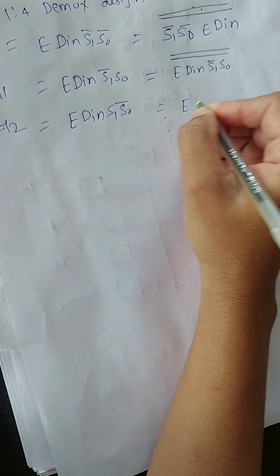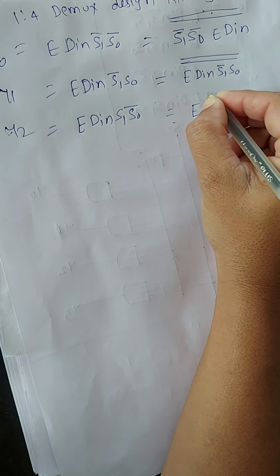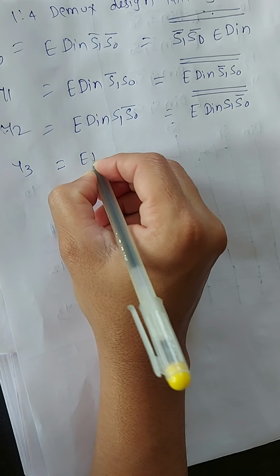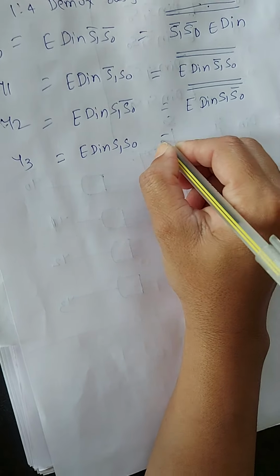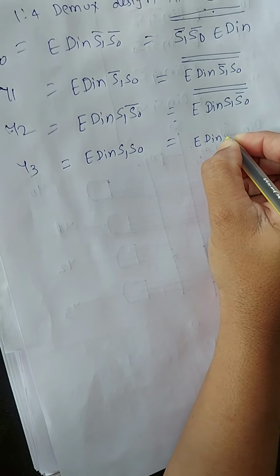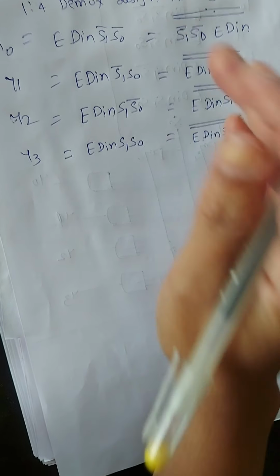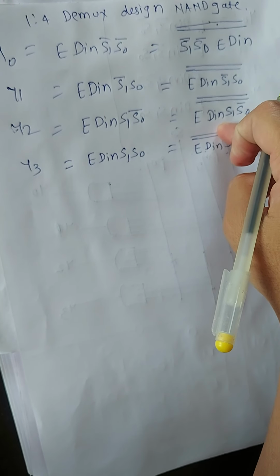For this equation we take the double inversion. Next Y3: E, D in, S1, S0. We convert this into NAND form by taking the double inversion. For all these equations, Y0, Y1, Y2, Y3, are in the form of NAND gates.